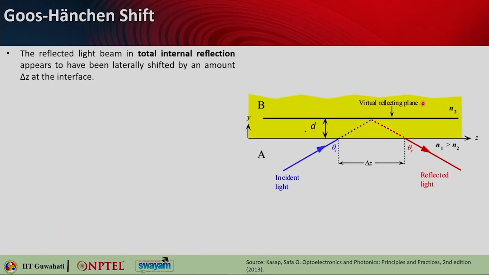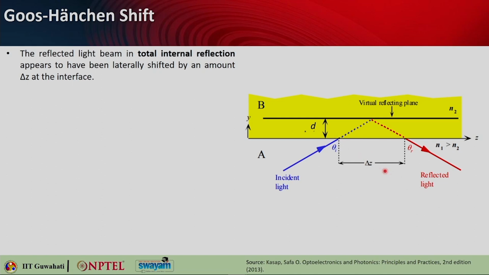There is another concept called the Goos-Hänchen shift, which is also related to total internal reflection. If you look at total internal reflection, the reflected beam appears to be laterally shifted. It does not come from exactly the same point where the incident field is.